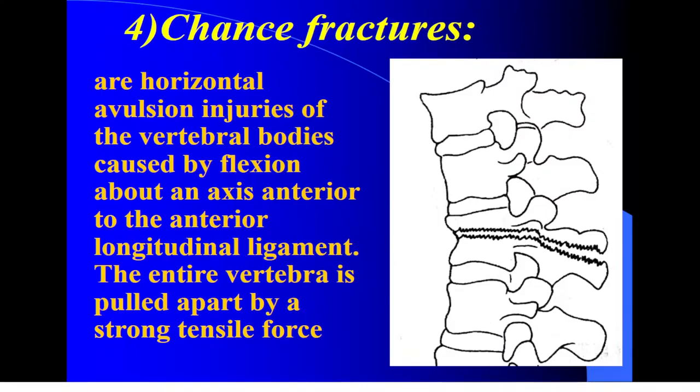Another very rare fracture, which you can see, is the Chance fracture. In that case, we have a horizontal line of the fracture, which splits the vertebra into two parts. We have the superior, proximal part, and the distal, inferior part.